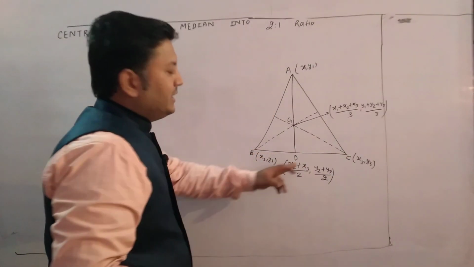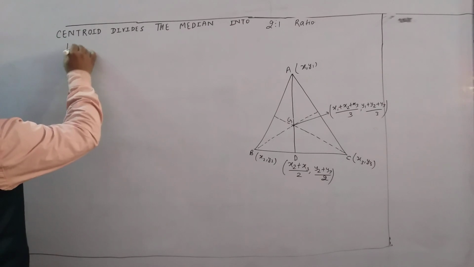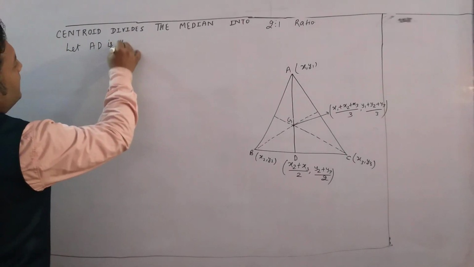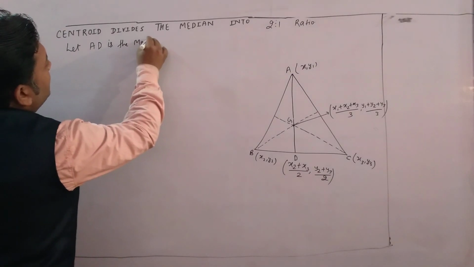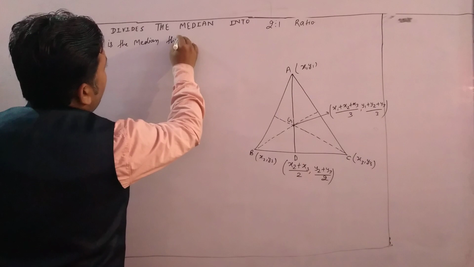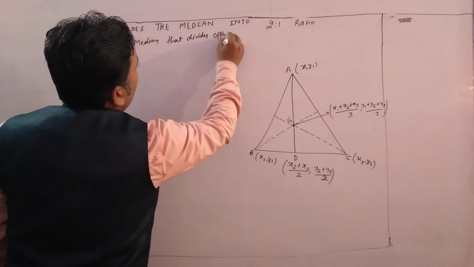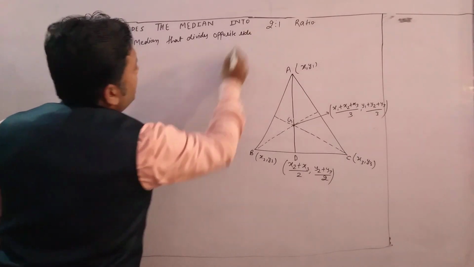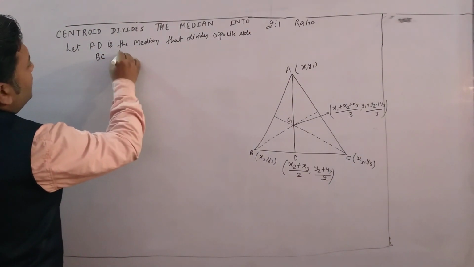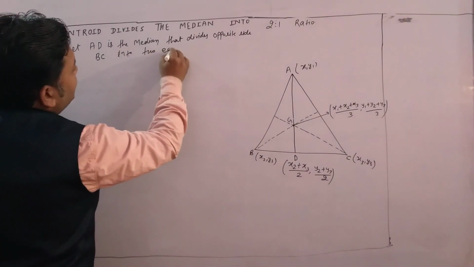That is the coordinate of D. Let's suppose that AD is the median that divides opposite side BC into two equal parts.